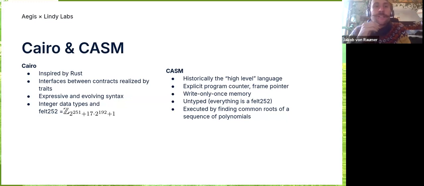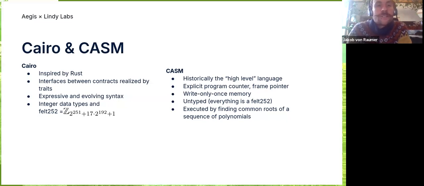For example, interfaces between contracts are just realized by traits. The syntax of Cairo is geared to be very well suited for the kind of developer that would appear and would use it.